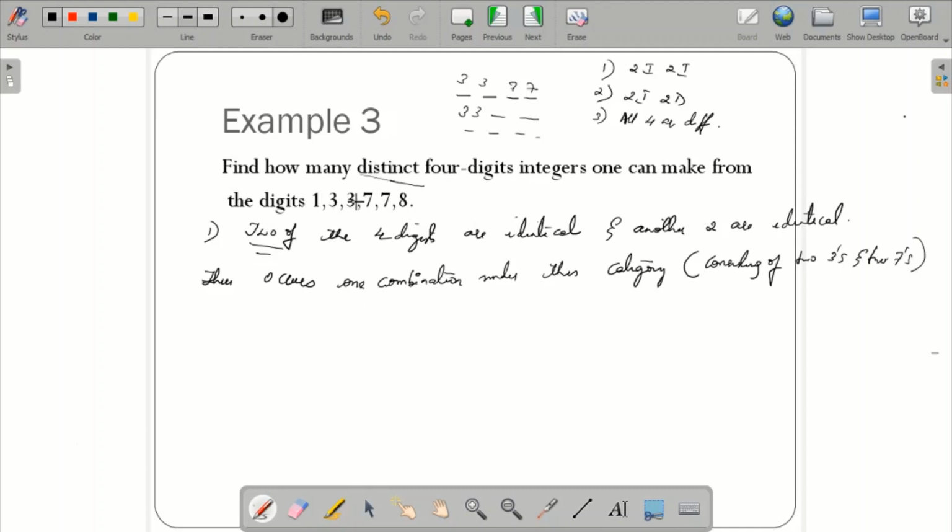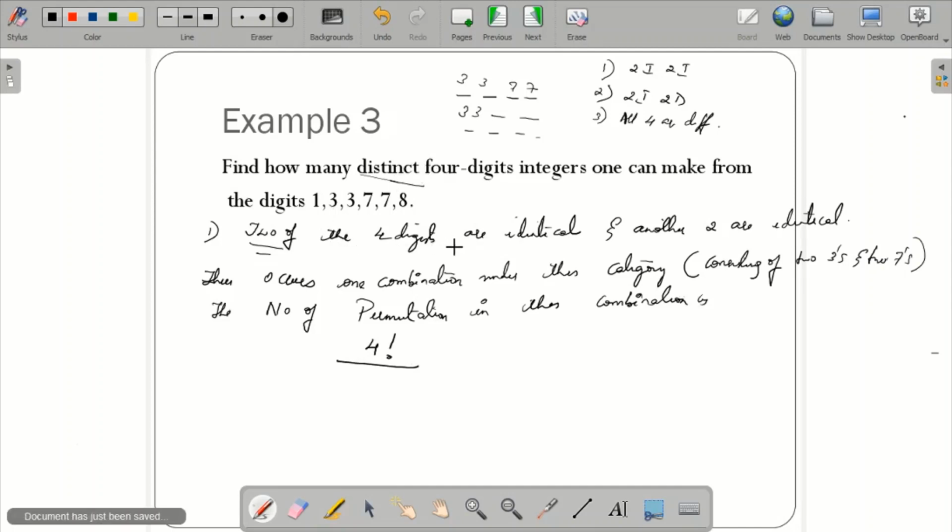The number of permutations in this combination: whenever it comes to distinct terms, we apply the concept of permutation. So the number of permutations is 4 factorial, because we have to find a 4-digit number.